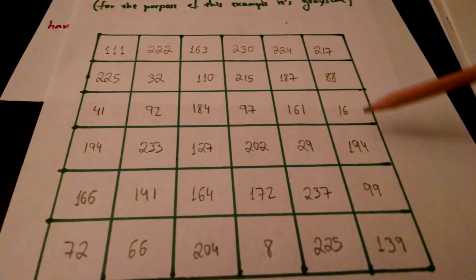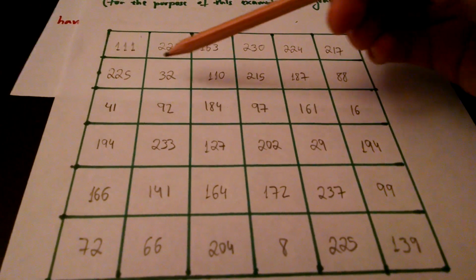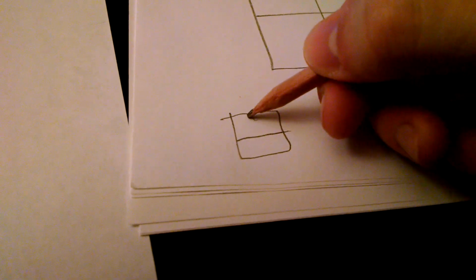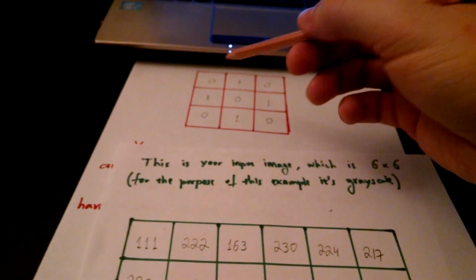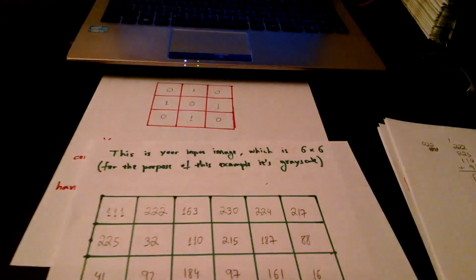So a 5x5 kernel operation would reduce the 6x6 image to a 2x2. So the output would be 4 pixels with some value, some value, some value, some value, depending on what you have there. I hope this helps, man.